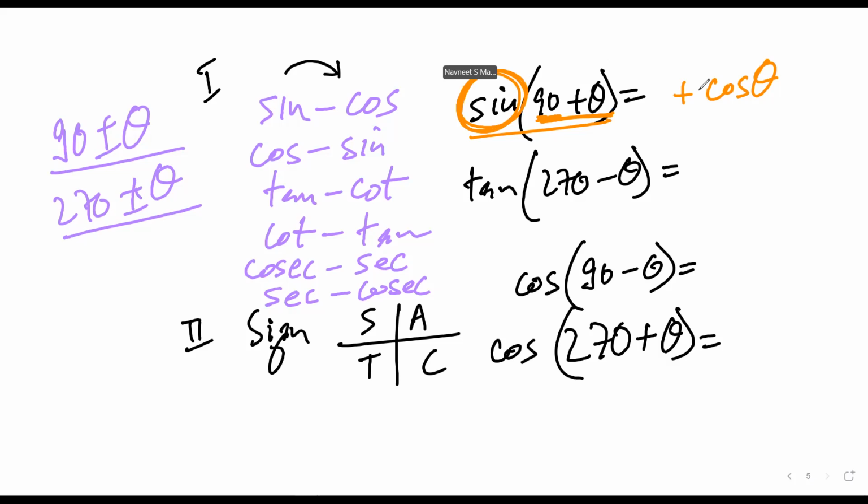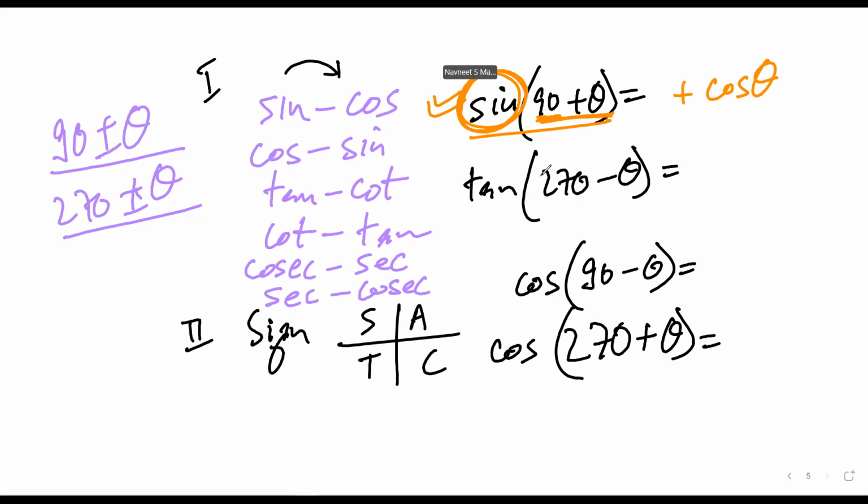Does it make sense? Yeah. For the sign, you always have to take the value of the function on the left hand side, not the function on the right hand side. This is a common confusion. Is it making sense? Yeah. Let us take more examples.